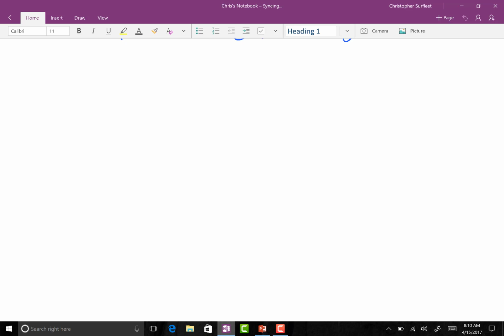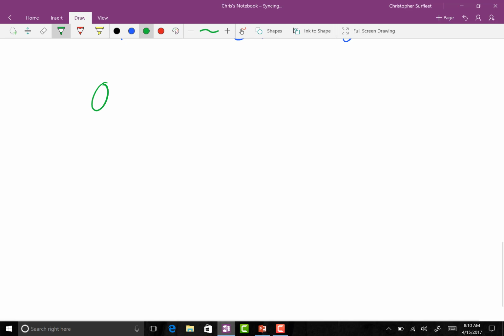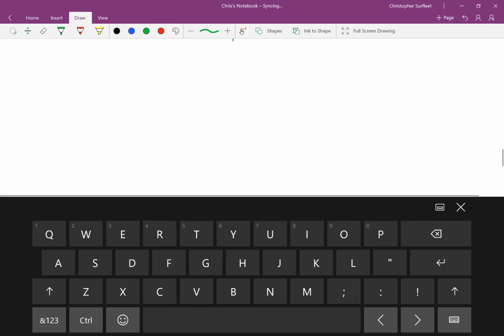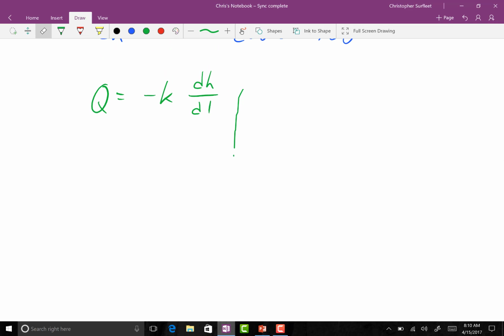Okay, so let's talk about Darcy's law. Q equals minus K times dH/dL times A. So first off, the K factor. This is the hydraulic conductivity.